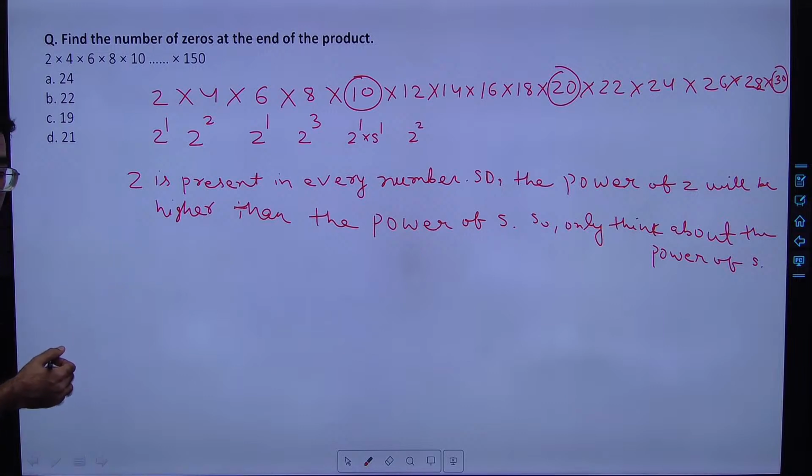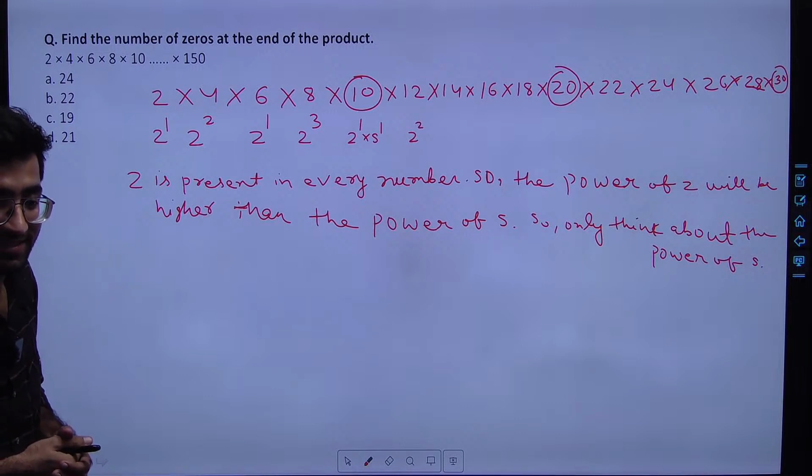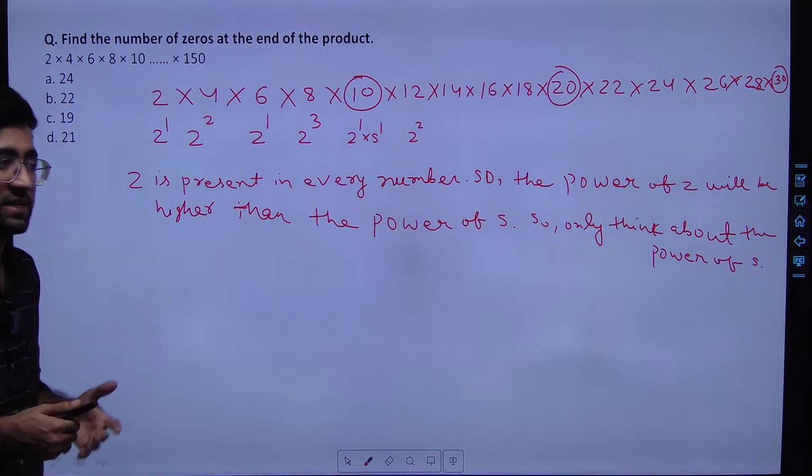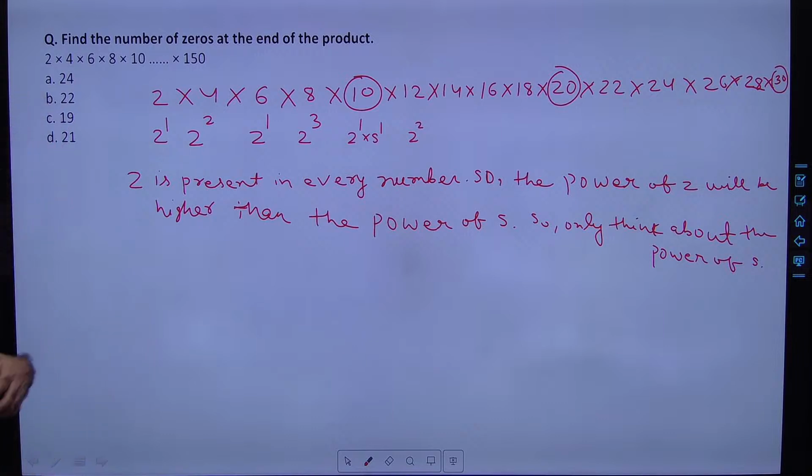What is your answer? Okay, 19. Okay, everyone should try to answer. It doesn't matter whether you get it correct or incorrect. We are in the learning phase. So we have freedom to make a number of mistakes before the CSAT exam, right? Okay, let us start solving this question.